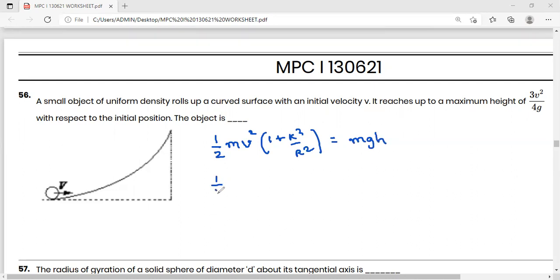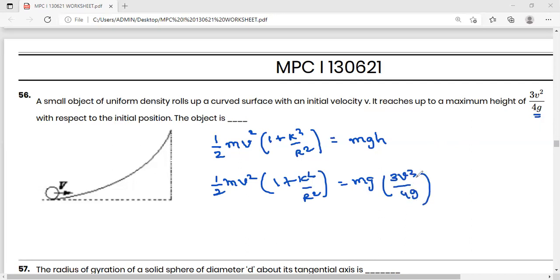Now, you substitute the given values here. Half mv square into 1 plus k square by r square is equal to mg into, what is the height value given? The maximum height it reaches, given as 3v square by 4g. Of course, g and g will cancel here. The answer is 3 by 4 mv square.